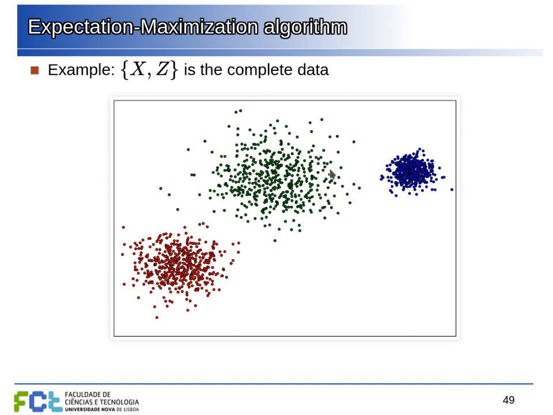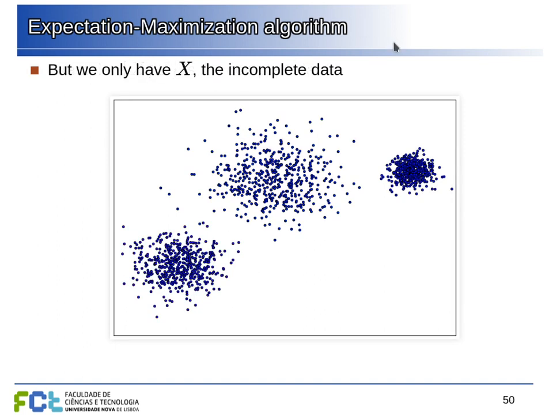This would be hypothetically what would be the correct clustering here. So the X, which is the set of coordinates of the points, and the Z, which is the assignment to the different clusters, blue, green, and red. But what we have is only the X, is only the coordinates, and we don't see the assignment anywhere. We'll have to find it somewhere in our model.